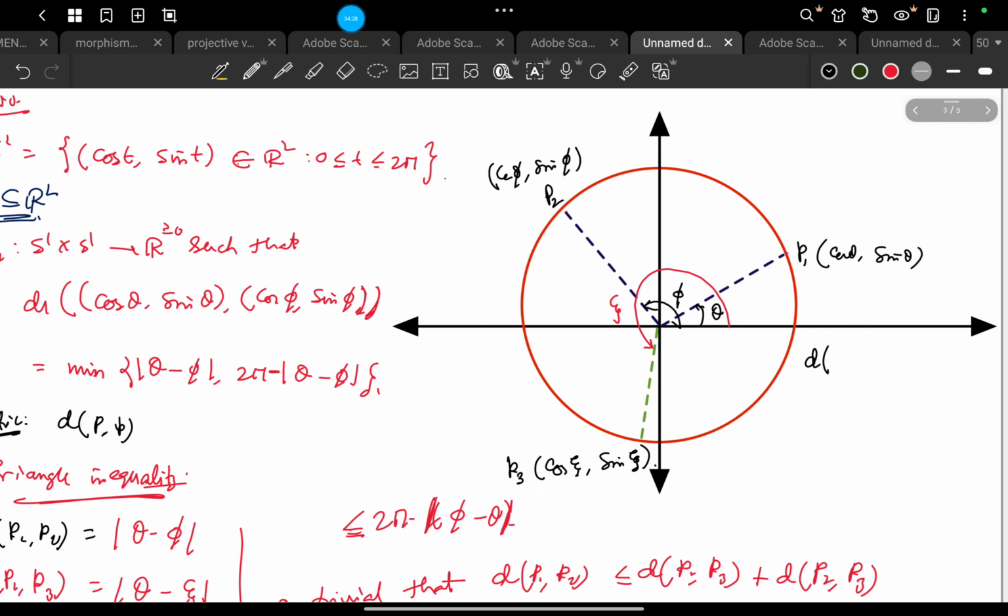So what is d of p1 p3? This is 2 pi minus modulus of theta minus phi. And what is d of p2 comma p3? No sorry, it is theta minus xi.